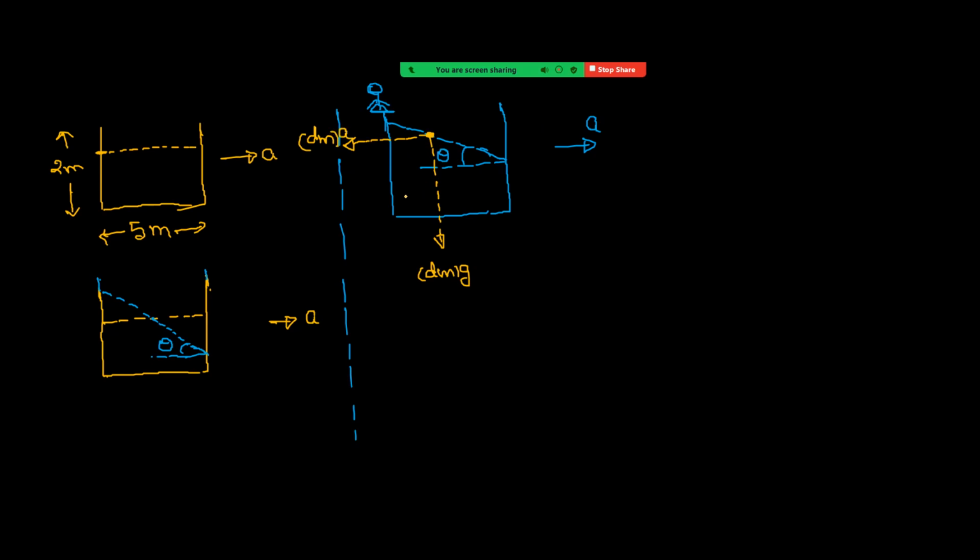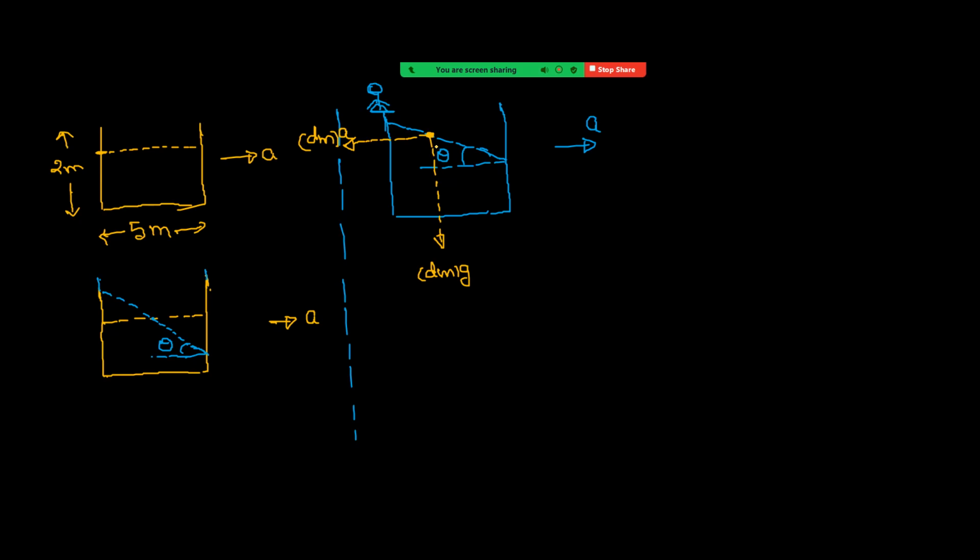Now you can see the resultant of these two forces must be normal to this free surface, because the liquid is at rest with respect to the vessel. It is in equilibrium. When there is no liquid flow, the net force must be normal to the free surface, because if there is any force parallel to the free surface, then the liquid flows.